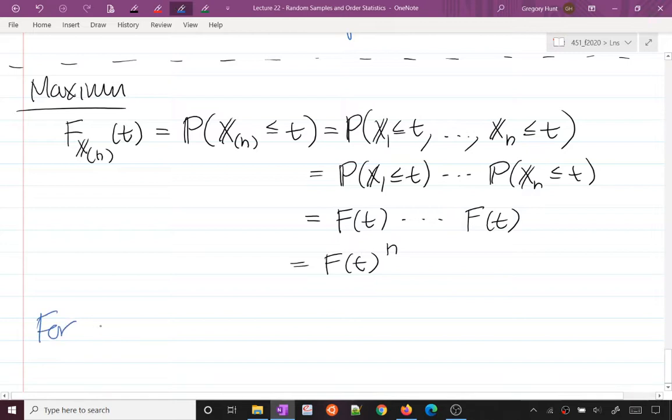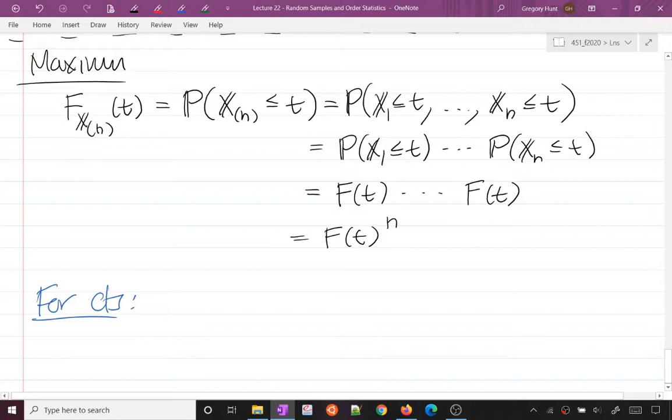For discrete, that's kind of where we stop. If I look at continuous, again, if I want to get the PDF of my maximum at some value t, this is the derivative of the CDF of the maximum, right? The PDF for the maximum is the derivative of the CDF. It's all just a univariate random variable.